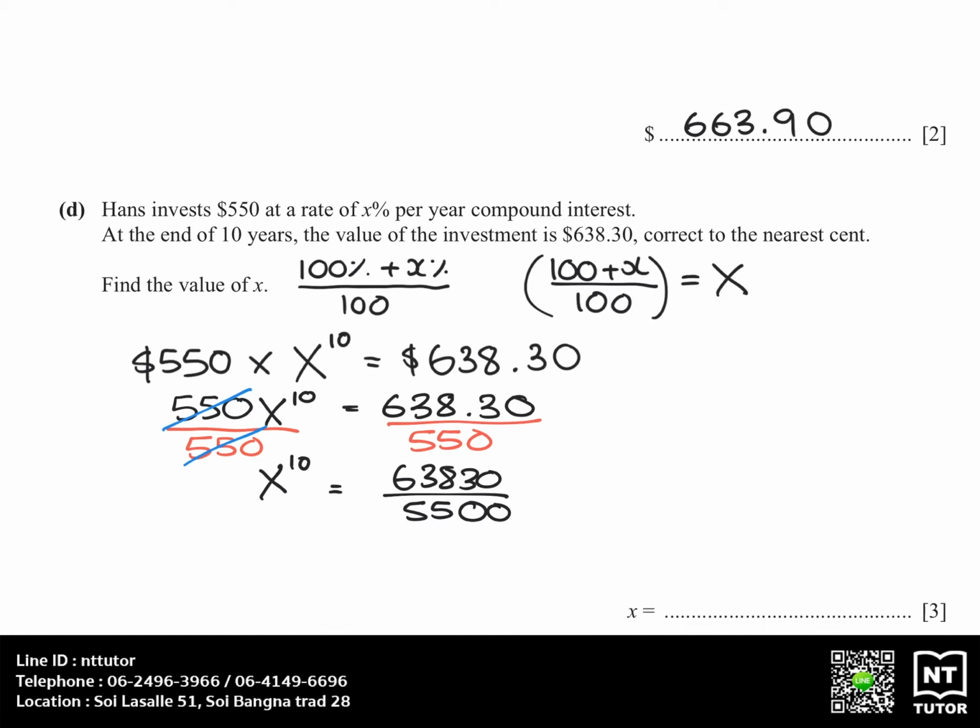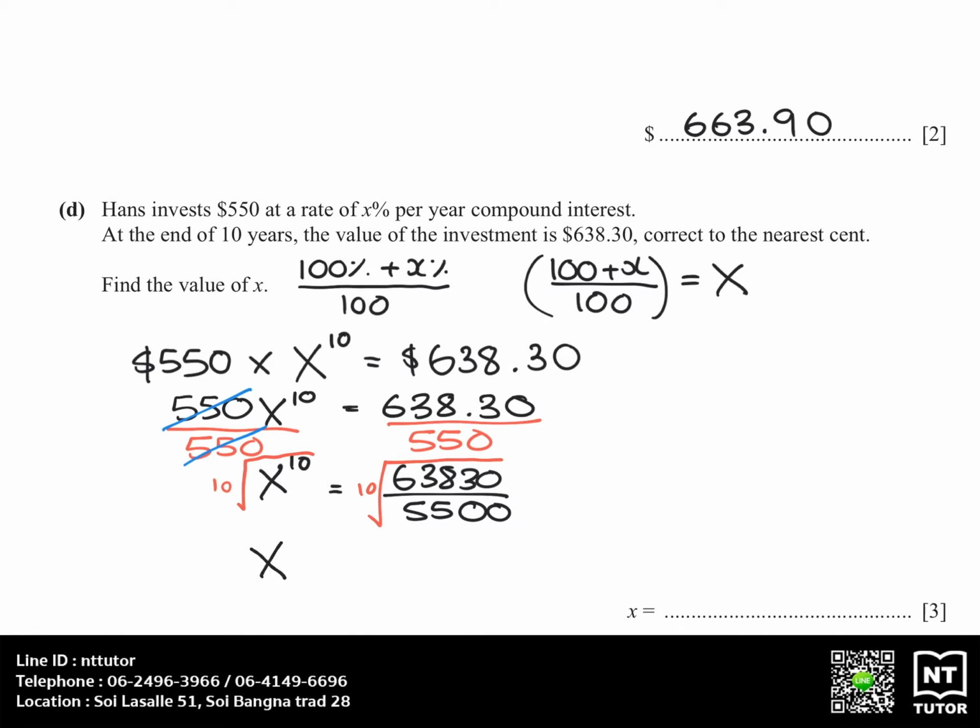And then to get rid of the power of 10, we do the opposite of to the power of 10, which is the 10th root. So we can find big X by doing the 10th root of both sides. The 10th root of something to the power of 10 is something to the power of 1.